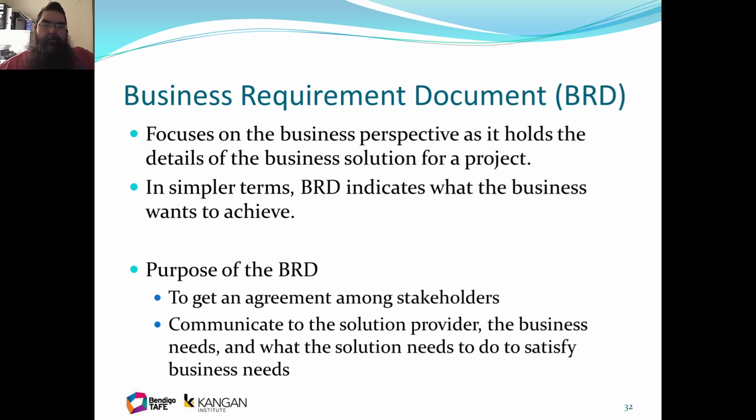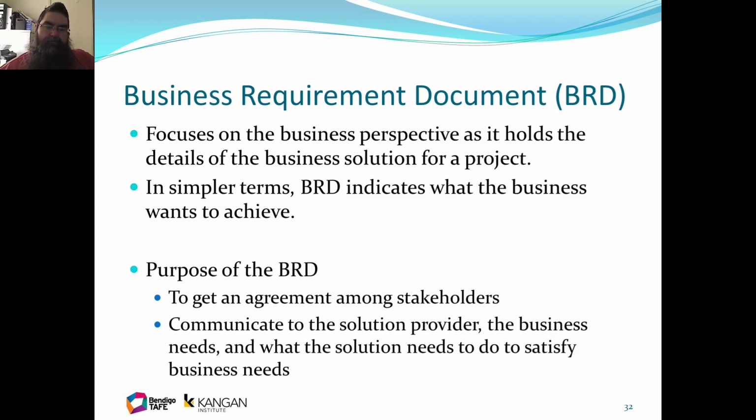So the business requirement document is the document that this course is basically planned around you writing. It focuses on the business perspective and has the details for the solution of the project. In basic terms, it indicates what the business wants to achieve out of this project.